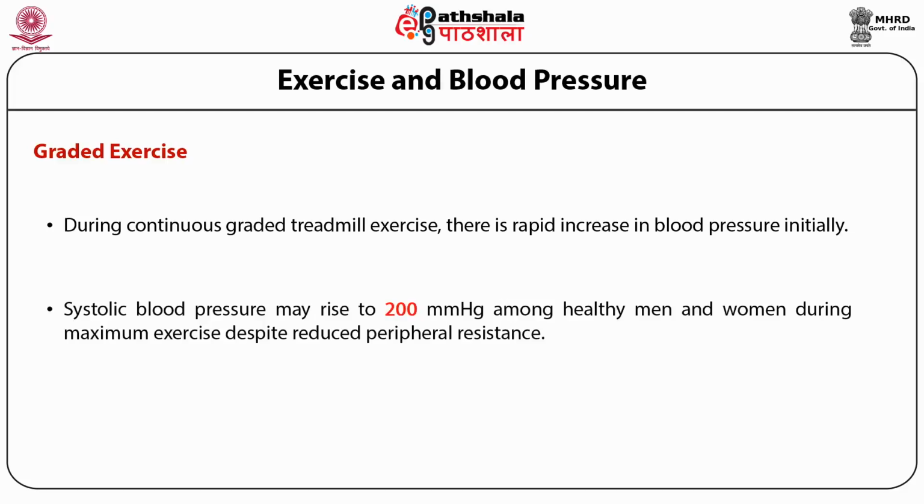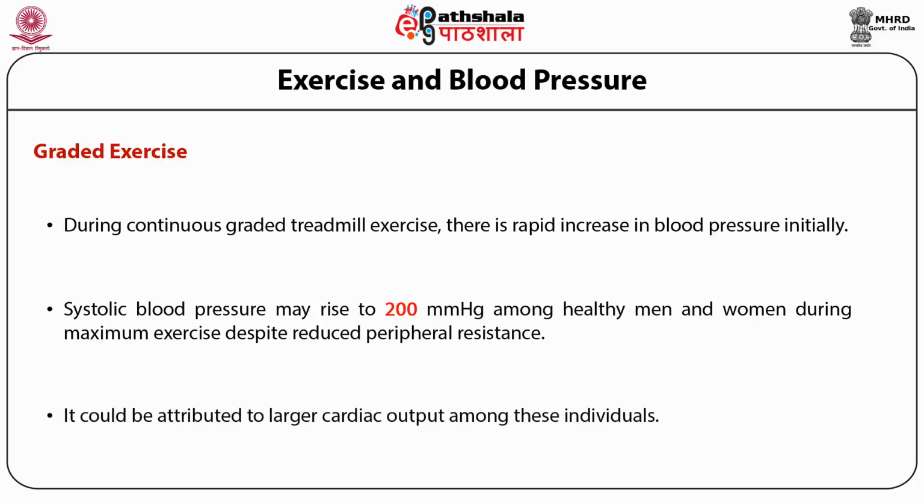The systolic blood pressure may go up to 200 mmHg among healthy men and women during maximum exercise despite reduced peripheral resistance. This could be attributed to larger cardiac output among these individuals.